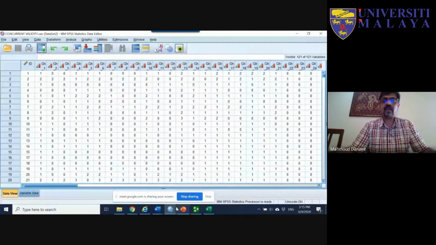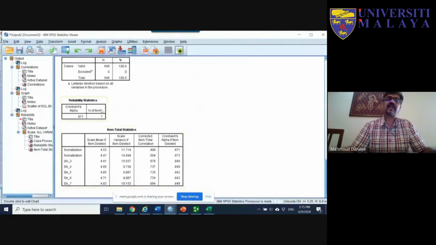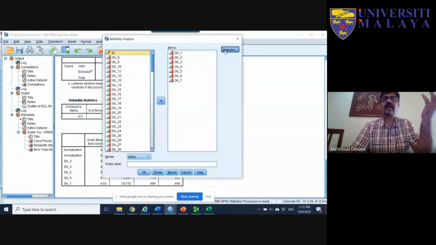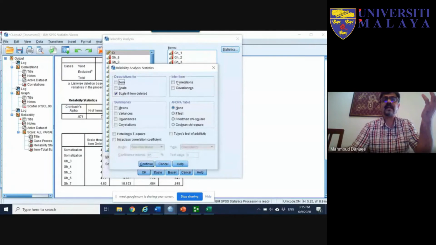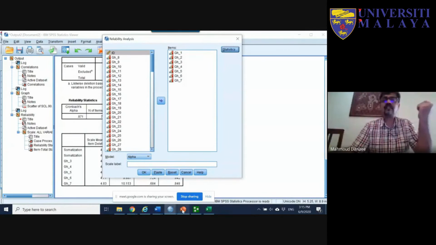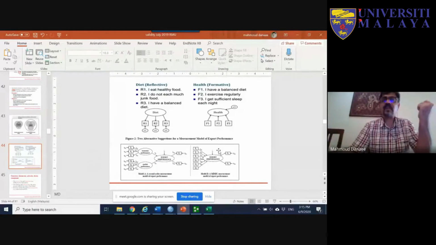This is the result of the Cronbach alpha, .87, and all the corrected item-total correlations are high. That's good. Why? Because the concept of Cronbach's alpha is based on the correlation among the items. The corrected item-total correlation means the items should be correlated together. While we know that in the formative construct, the items are not necessarily correlated.